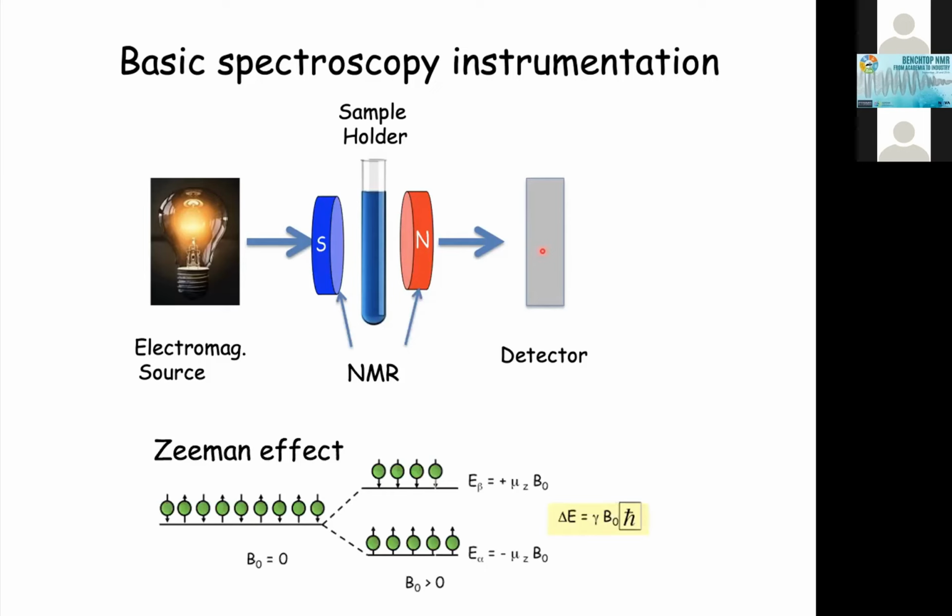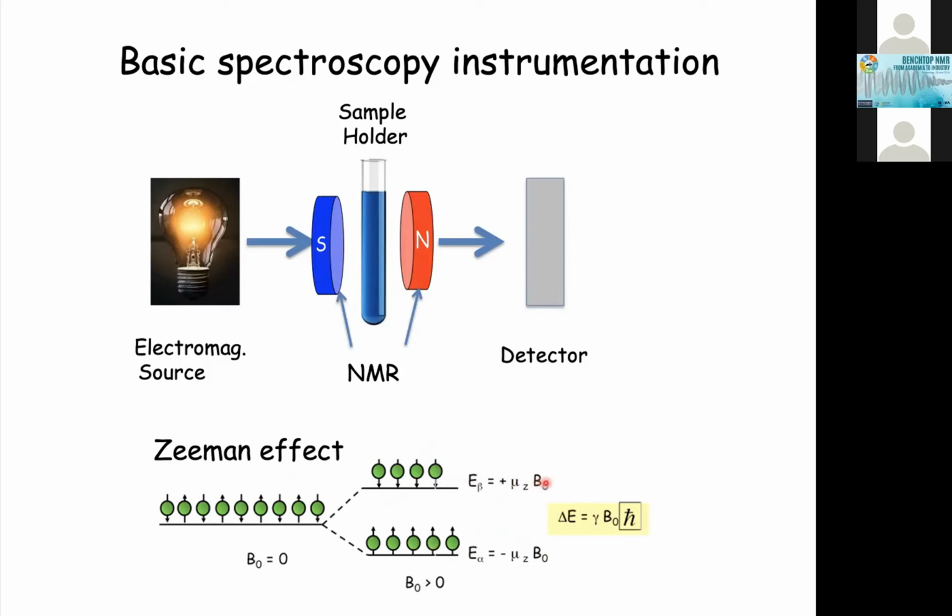Because the NMR is based on this Zeeman effect. When you have no magnetic field, all the transitions that we want to observe are at the same energy level. Okay, there is no way to see the transition, but in the presence of a magnetic field, we start to see several levels. In 2 levels, in this case, you have this type of energy here.